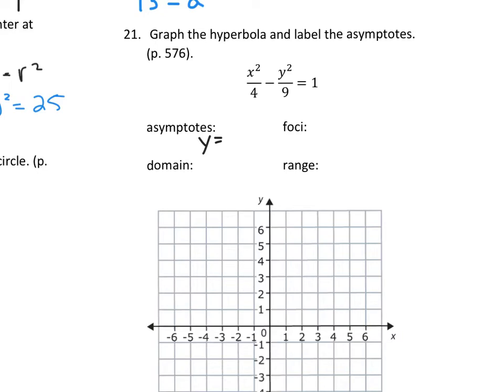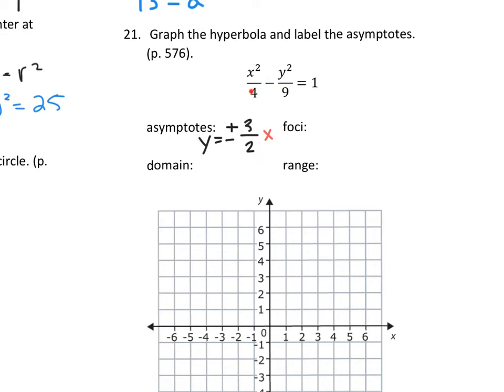So y equals plus or minus the square root of what's underneath the y, so that's going to be 3, over the square root of what's underneath the x, which is going to be 2. And then you always need to have an x right here because it's an oblique line. So this represents the slope of the line. So I did y over x.